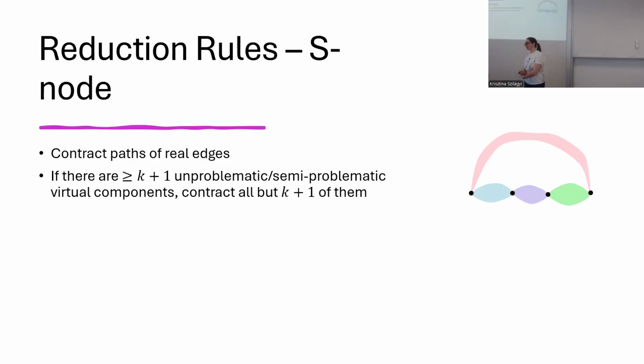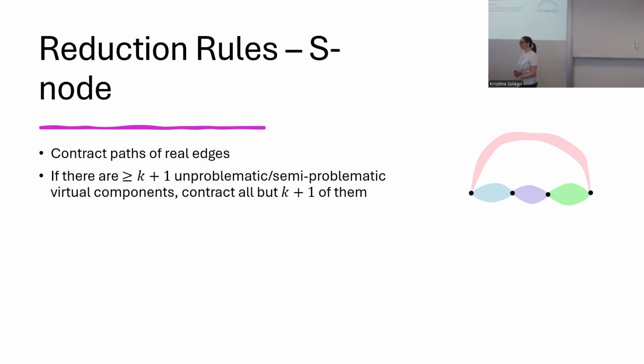Okay, so those were the basic reduction rules, the basic replacements that we do in all of the nodes of the SPR-tree, and then we have some node-specific rules. So for S nodes, those are these ones. What we can do is, if some of these smaller graphs just consist of one single edge, then we can just contract this, because these edges don't influence the embeddings or anything else.